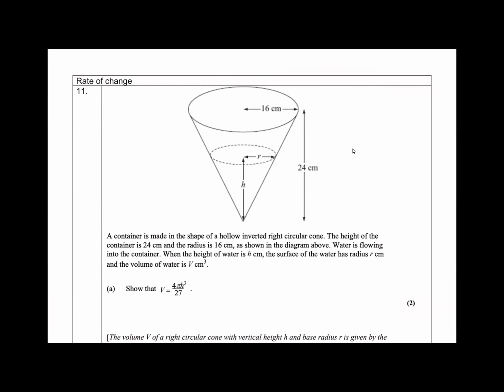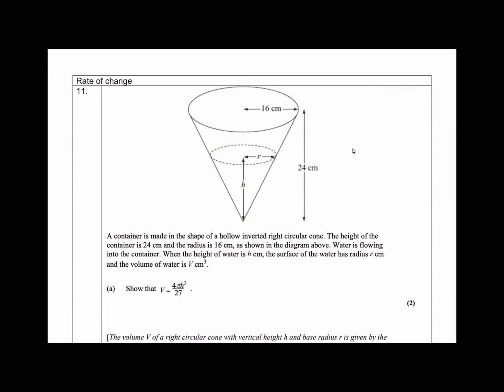Let's take a look at the question. We have a cone where the radius of the entire cone is 16, but there is some water inside in the cone shape. The radius is r. For the entire cone, the height is 24 cm, while for the conical shaped water, its height is h cm.